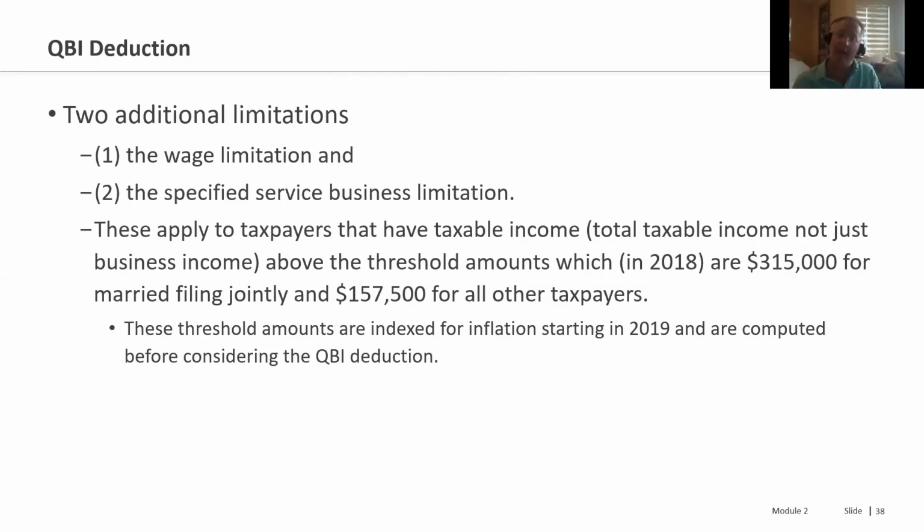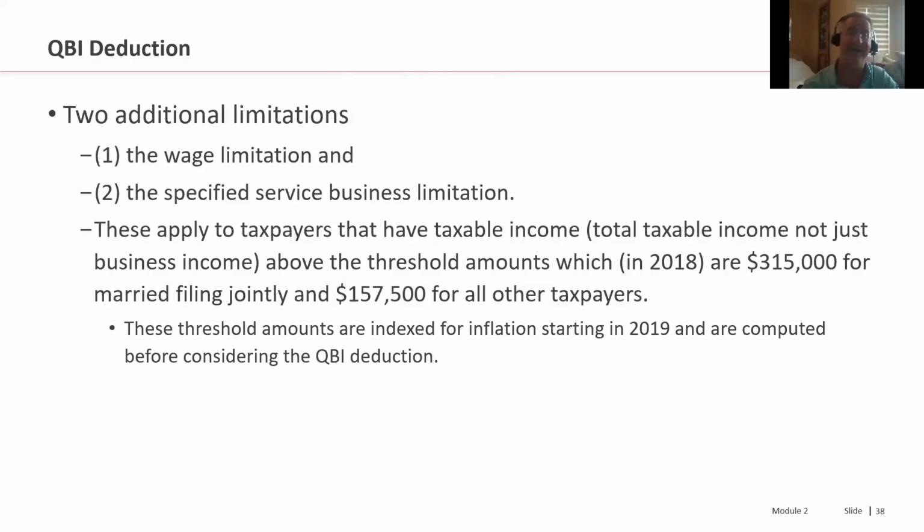So guess what? We've dealt with something like this before, right? When we had the passive loss limitation and the Mr. and Mrs. H phase out, we're going to have something similar going on here. So they said, look, we want to give this QBI deduction, but we don't want to give it to you if you're uber rich. And we've decided that uber rich is in excess of 315,000 or 157.5 for singles.